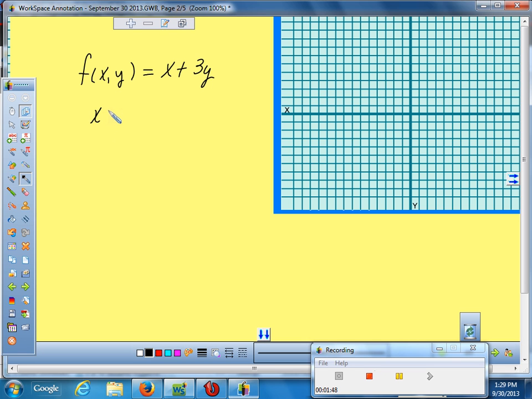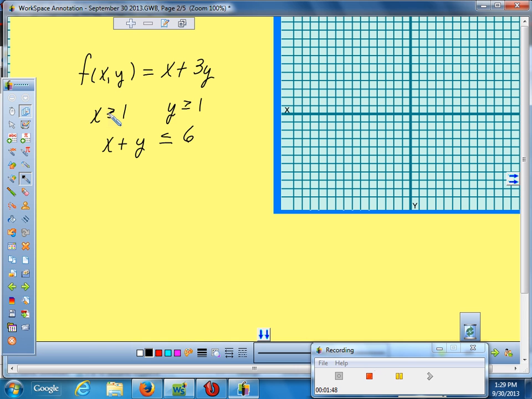The conditions are, in this case, x has to be a number that's 1 or bigger, y has to be a number that's 1 or bigger, and x plus y, the sum of the two, has to be less than or equal to 6. So I've given you 3 inequalities, 1 function. We want to maximize the function.